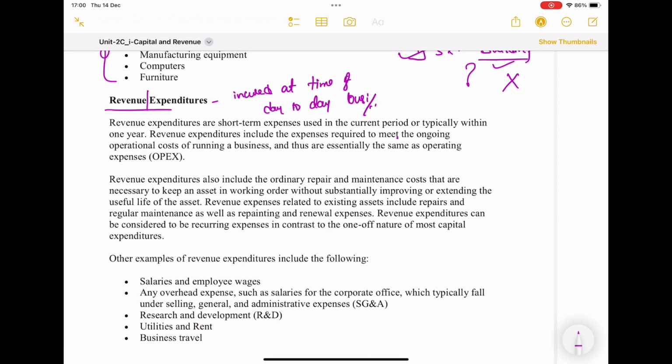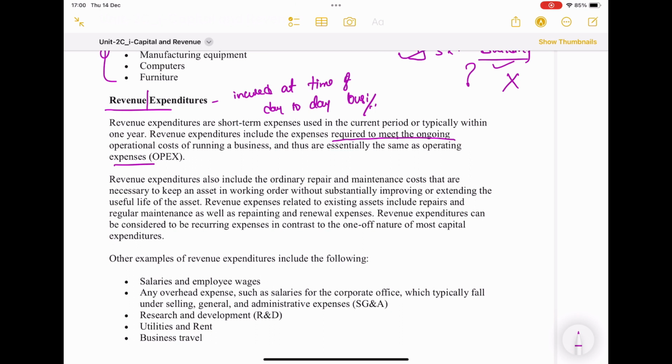For example, typically within a year, for the current financial year, what are the expenditures that a company has incurred. So revenue expenditures, see the next line, include those expenses required to meet ongoing operational activities, nothing but ongoing operational cost for running a business, and thus are essential, the same as operating expenses.